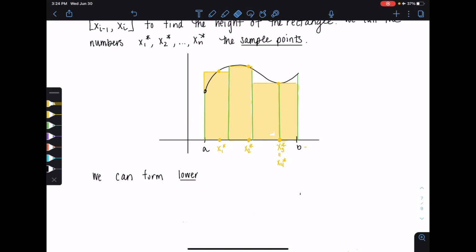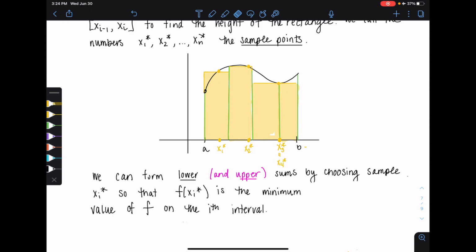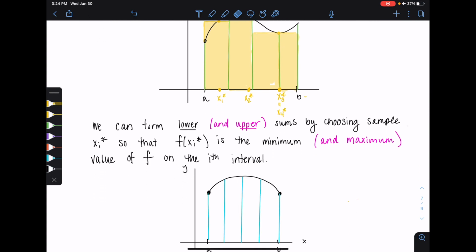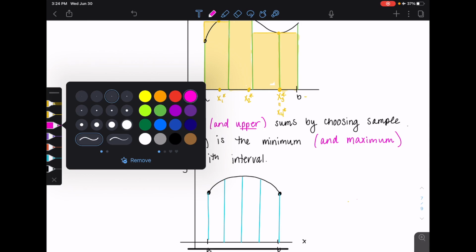So we can form lower sums or vice versa upper by choosing sample points, which are xi star, so that this point, when you plug it in, gives you the smallest y value possible on that interval, or likewise a maximum. Really, that definition is kind of a little bit confusing. I get it. So instead, let's go ahead and look at it with a picture.